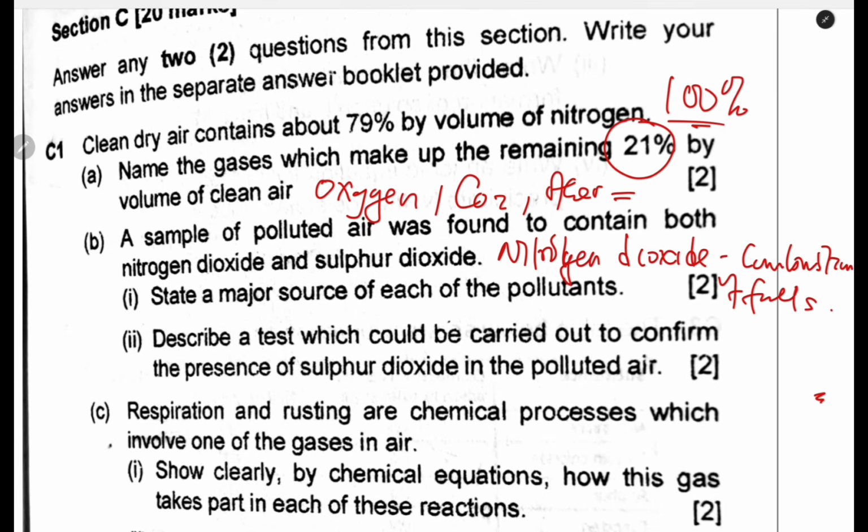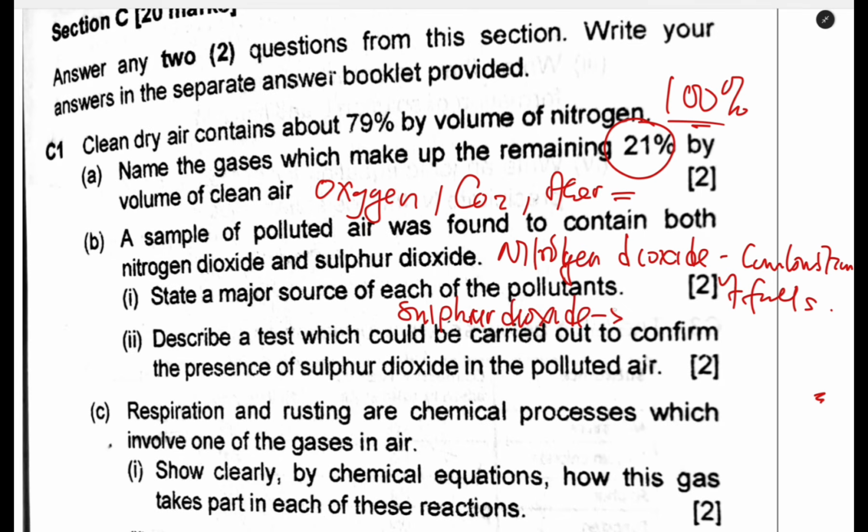Then sulfur dioxide, you can talk of burning of fossil fuels, and also extraction of metals, like in the extraction of zinc, the sulfur dioxide that is produced.